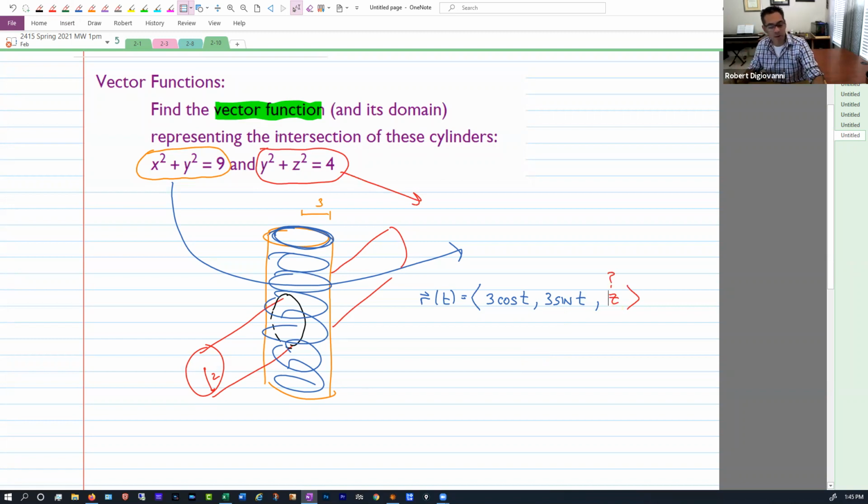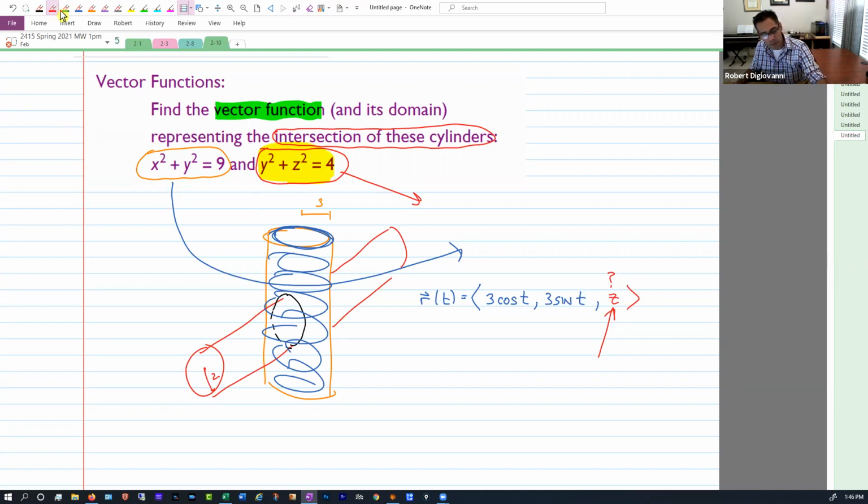But it must be on the intersection of both of these cylinders, which means whatever Z we put here must also satisfy this equation, right? Because that's the other cylinder that we have to be on. So how about we take this equation and solve it for Z?